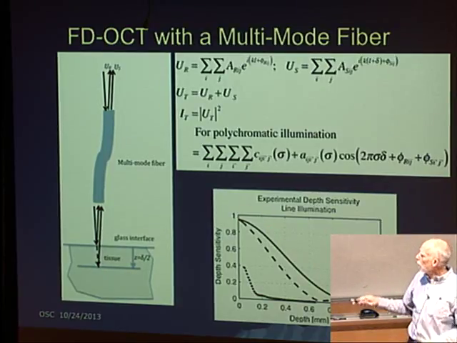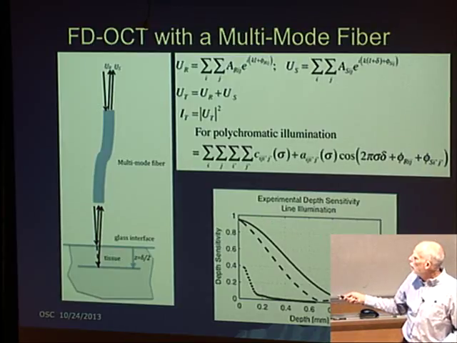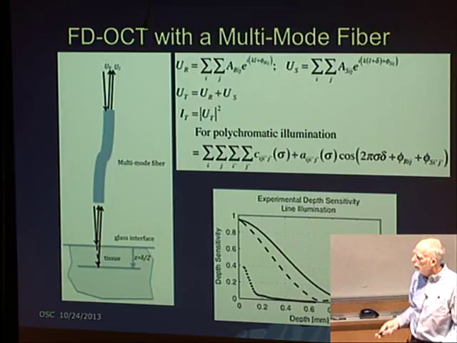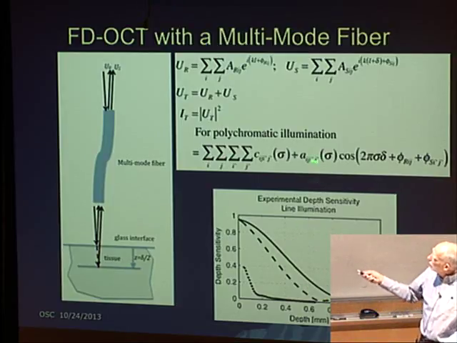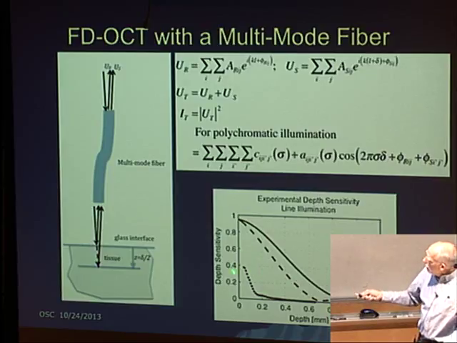Basically any blur that you get in the detection in wave number is going to blur out the higher modulation frequencies, which correspond to greater depth. So there's a natural fall-off in all FD-OCT systems that has to do with that blurring. But in addition, because of this loss of the modulation signals we're looking for due to the various phases, we get a reduced sensitivity that is causing the basic problem.